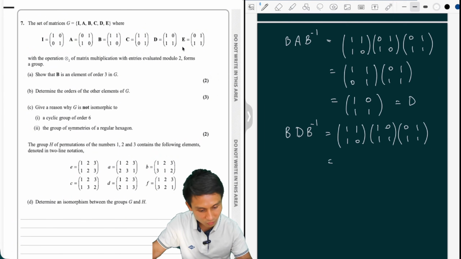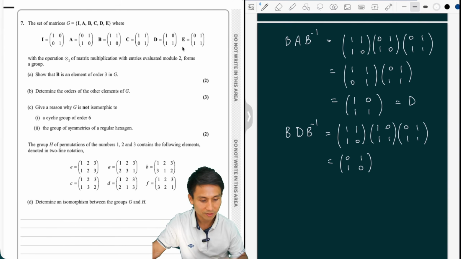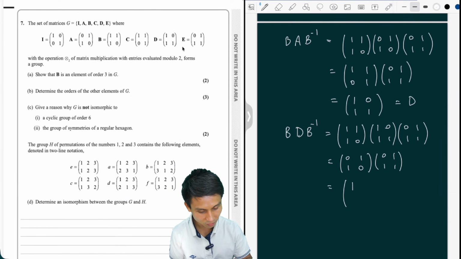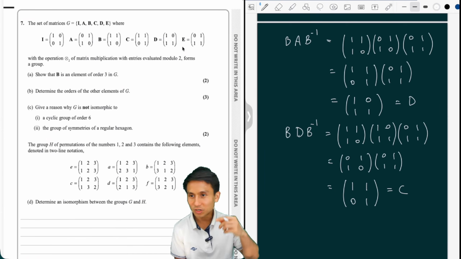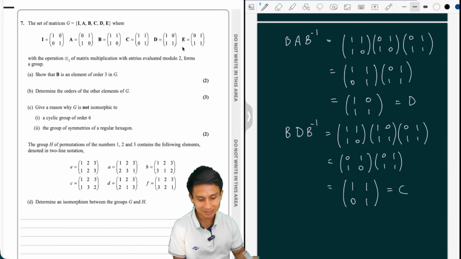The first two, 1 plus 1 is 2, modulus 2 is 0, 0 plus 1 is 1, 1 plus 0 is 1, 0 plus 0 is 0, times that, 0 plus 1 is 1, 0 plus 1 is 1, 0 plus 0 is 0. Okay, it should be this. And this is C, right? So when we do diagonalization to D, we get C.